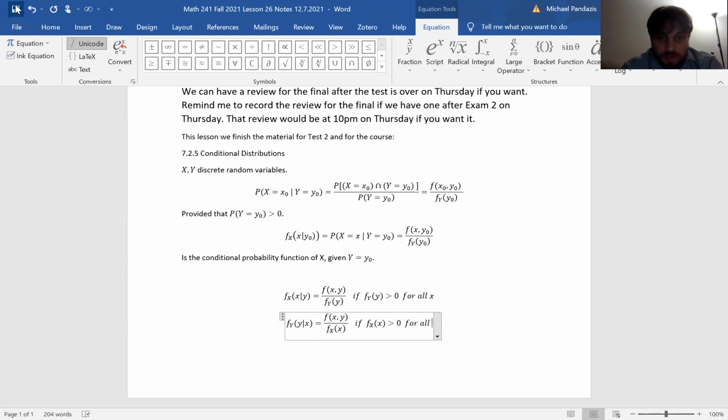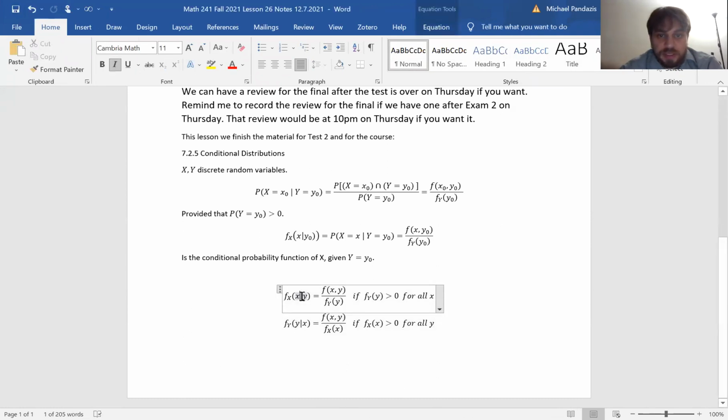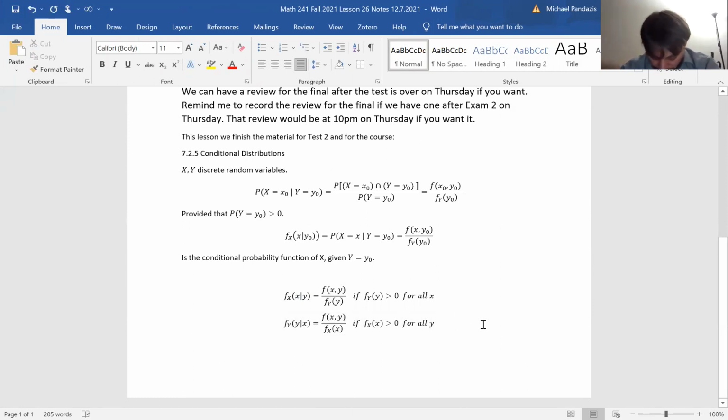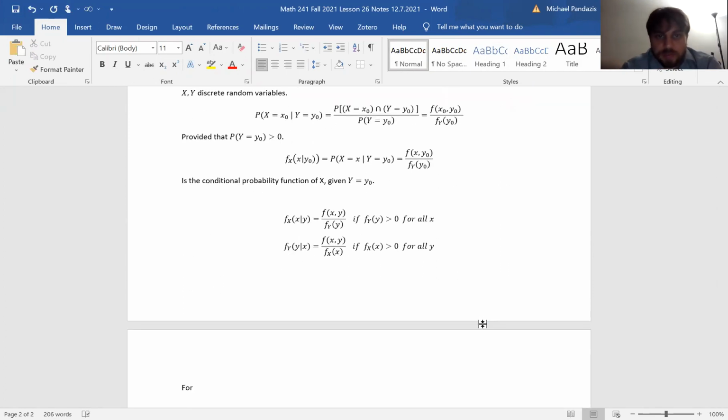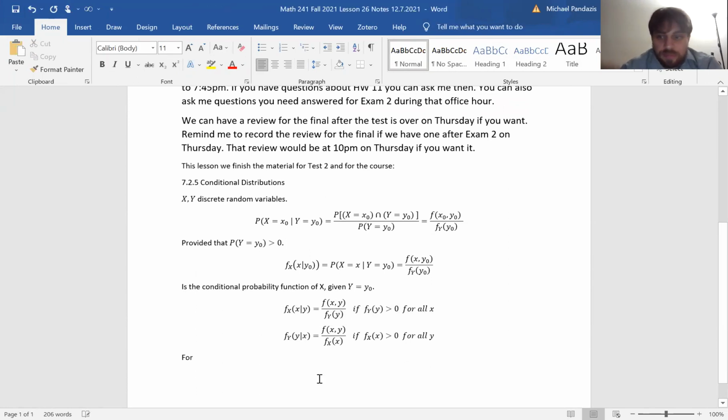Because you're plugging in y here, here you're plugging in x, because that's fixed. This is for both discrete and continuous random variables X and Y.